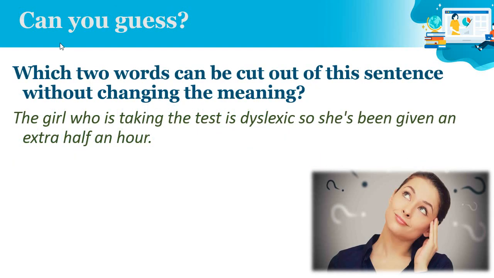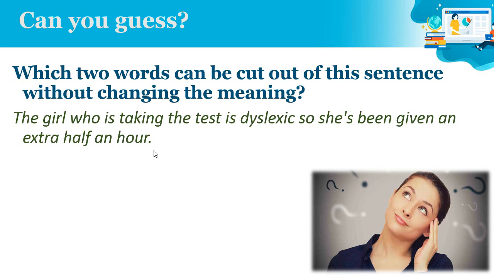Now look at the first warm-up exercise. Can you guess which two words can be cut out of this sentence without changing the meaning? The girl who is taking the test is dyslexic, so she's been given an extra half an hour.